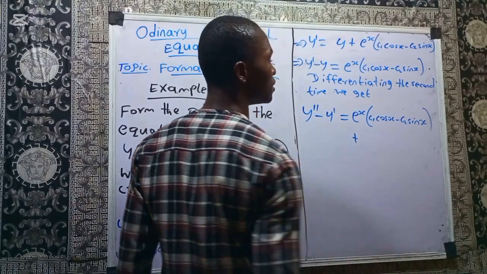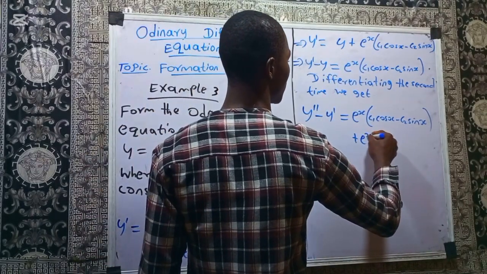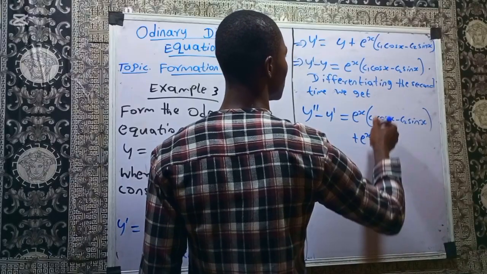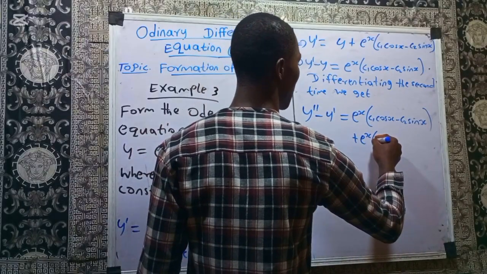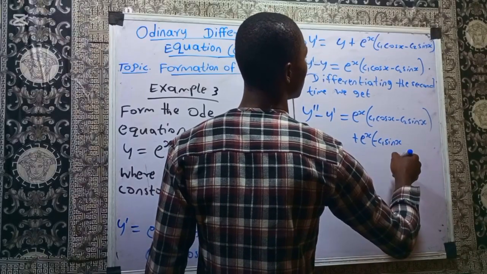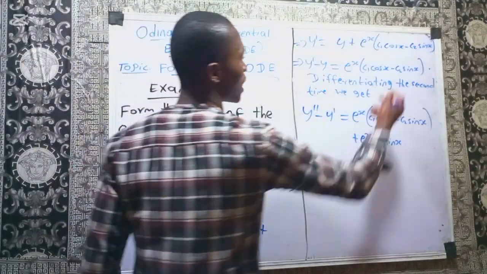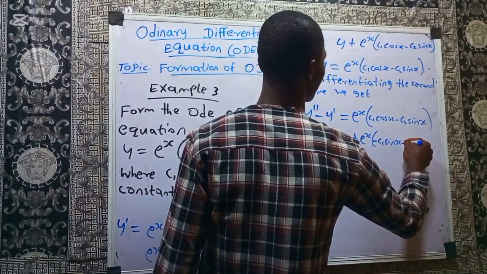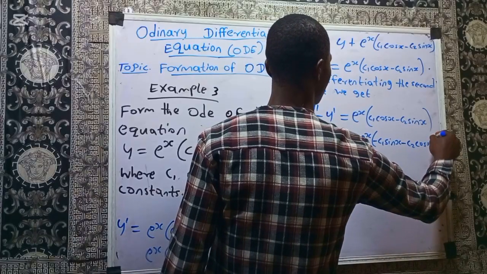You put plus, then you keep the exponential and differentiate the expression inside the bracket. Differentiate cosine, you have a negative sign, so you have negative c1 sin x. Then if you differentiate sine, you have positive cosine, but you have a negative sign before, so you have negative c2 cos x.